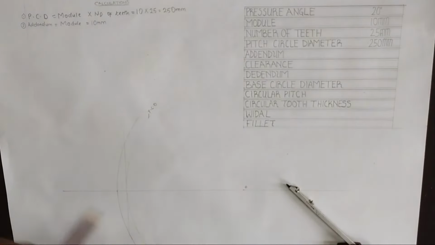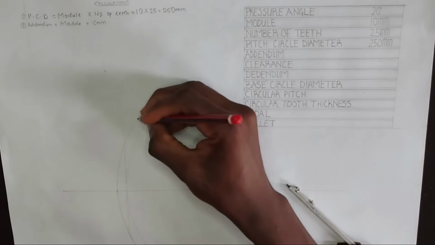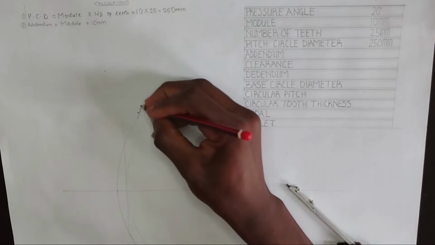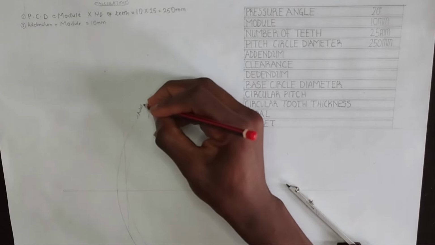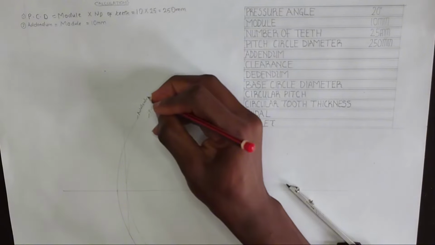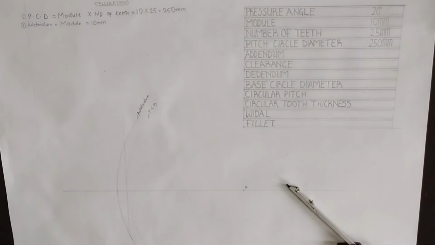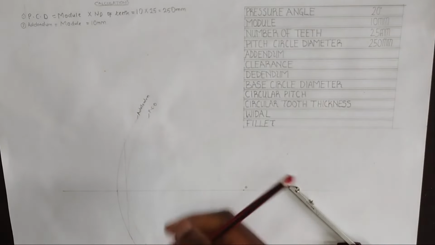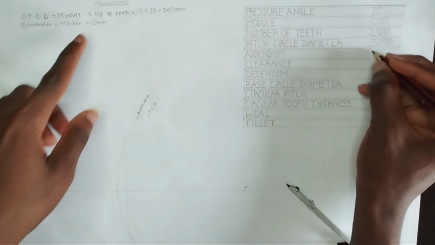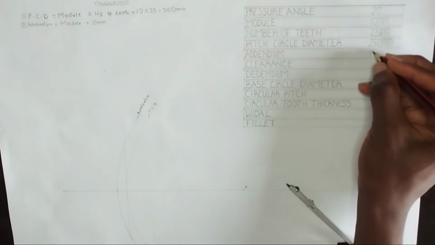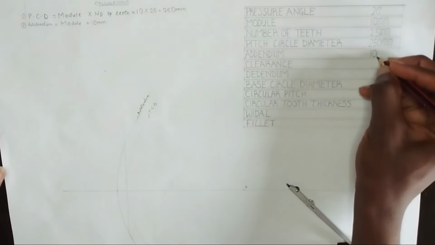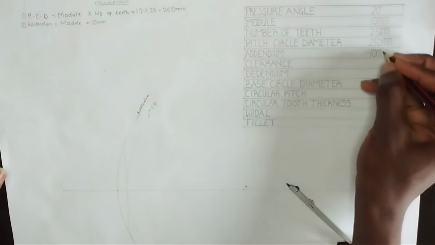Okay, so let's label this as addendum. Please ensure you are labeling all parts of your curve, so you won't get confused while you are drawing the remaining. So addendum is 10 millimeter. Let's write our 10 millimeter here.